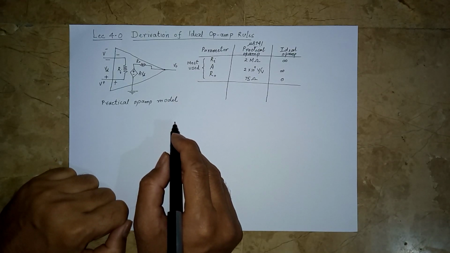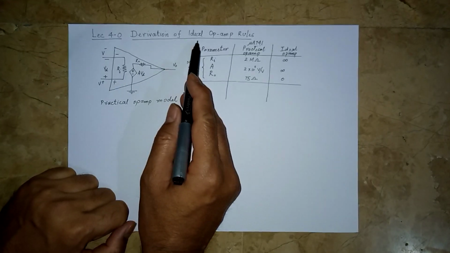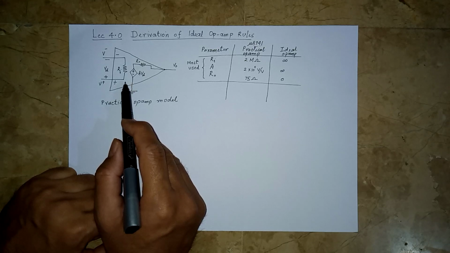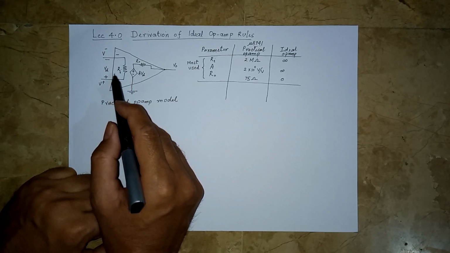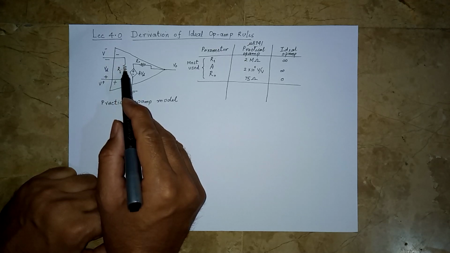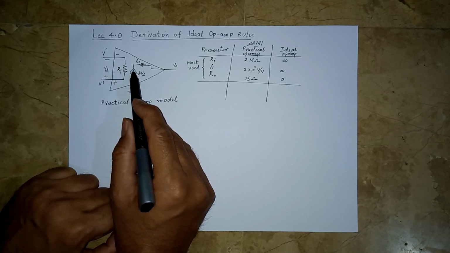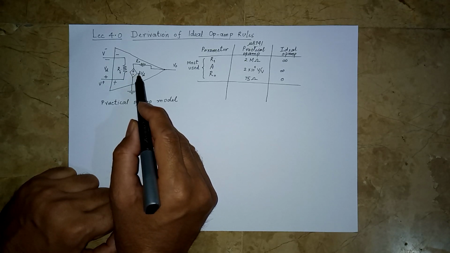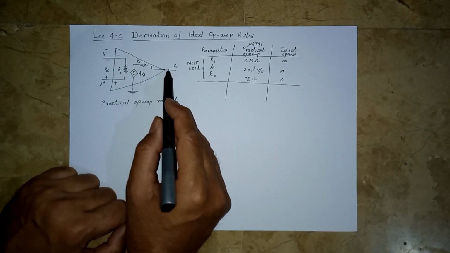In this lecture, let us look at how we can derive the ideal op-amp rules from the practical op-amp model. So you remember we had an input resistance represented by Ri and a voltage controlled voltage source here that depends on the open loop gain and an output resistance Ro.